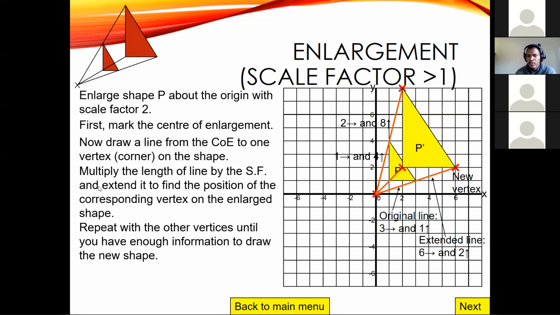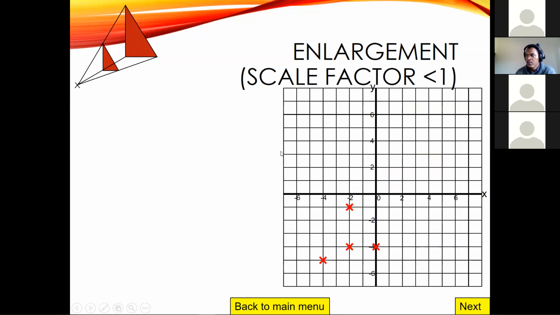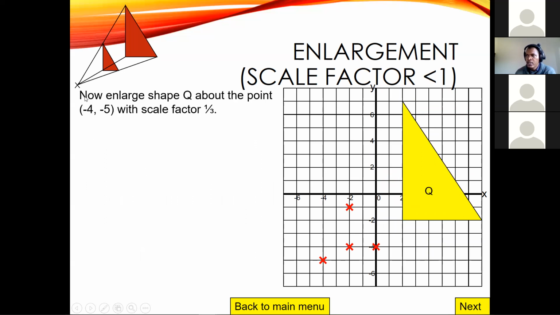So as I've said before, let me summarize quickly what I've said about the shape over here. We will use this shape over here, and the question says, enlarge the shape about the points. Let me break down the question.